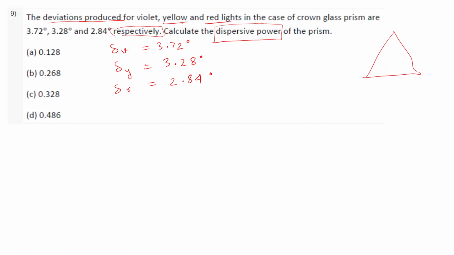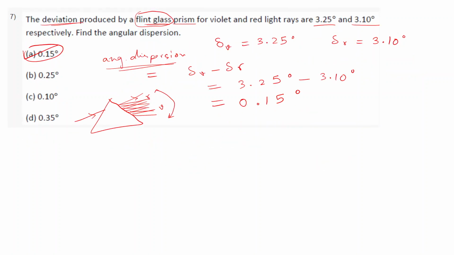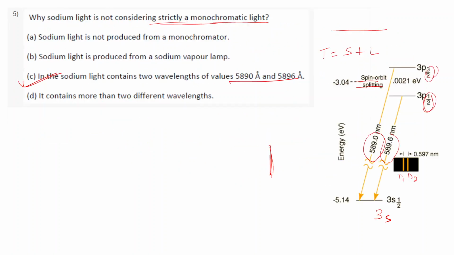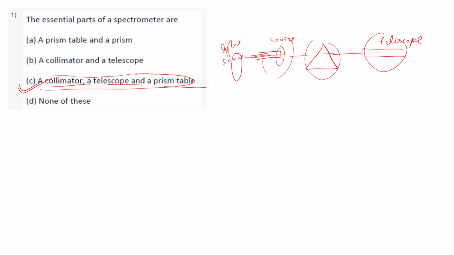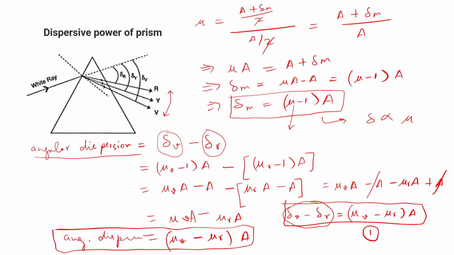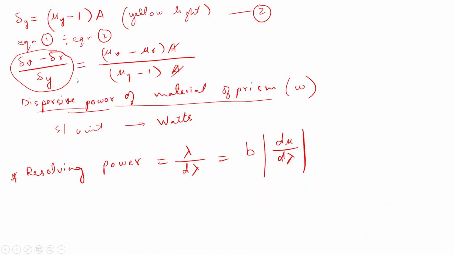Now this also we had derived earlier. We had derived the dispersive power formula. Sorry, this was the angular dispersion in terms of refractive index, and from this we defined the dispersive power of a prism material as the ratio of the deviation between these two wavelengths to the deviation of the intermediate wavelength that we are considering.